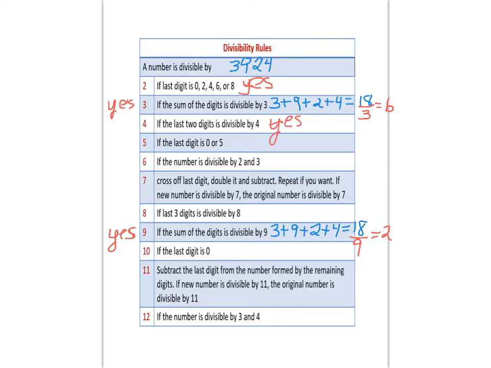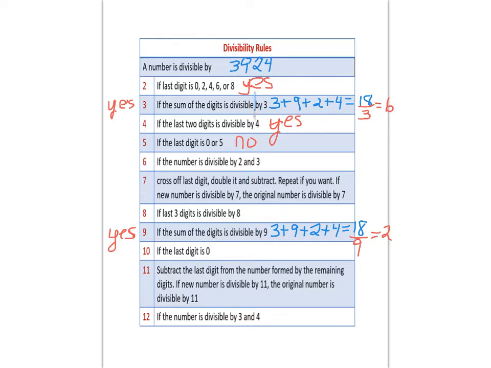For the 5's rule, if the number ends in 0 or 5, then that number is divisible by 5. Since 4 is not 0 or 5, our answer is going to be no. For the 6th rule, you've already applied the rule for 2 and 3, and since 2 times 3 is 6, if it's yes to both of these, then it'll be yes for 6.